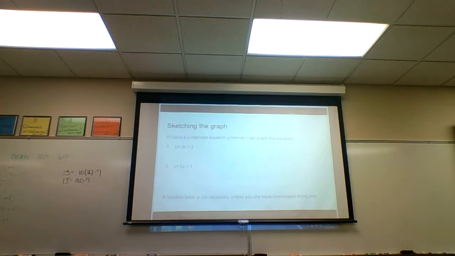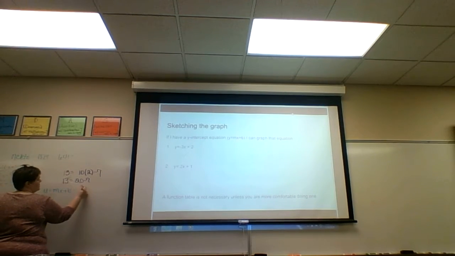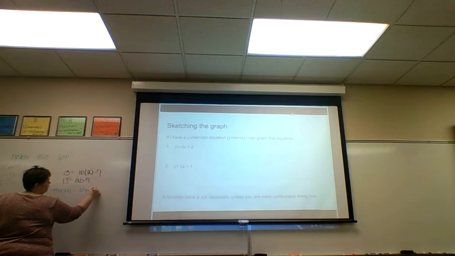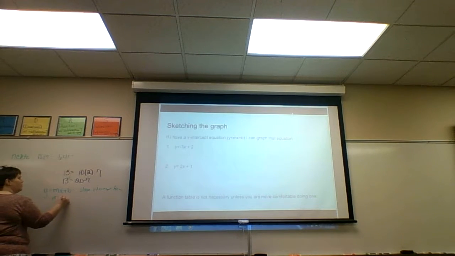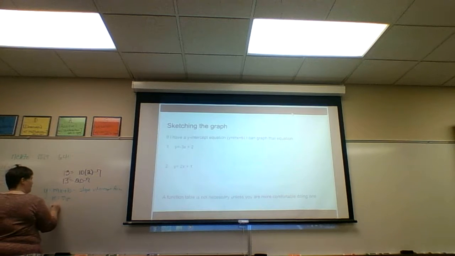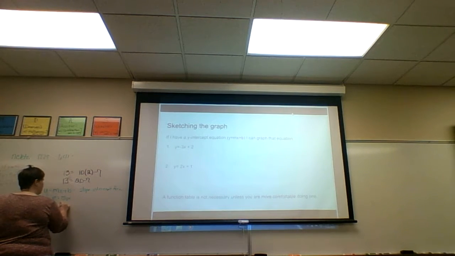Okay, how about sketching a graph? When we talk about sketching a graph, you remember, I hope, that y equals mx plus b is the slope-intercept form, where m is going to be my slope and b is going to be my y-intercept, or where it crosses over the y-axis.